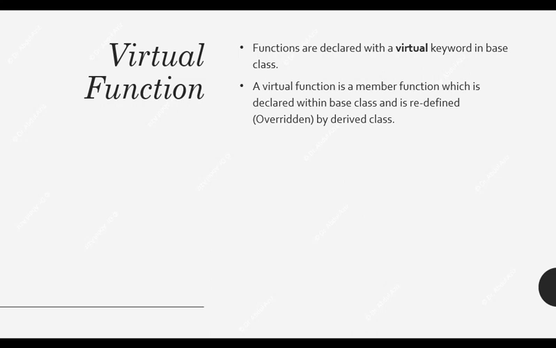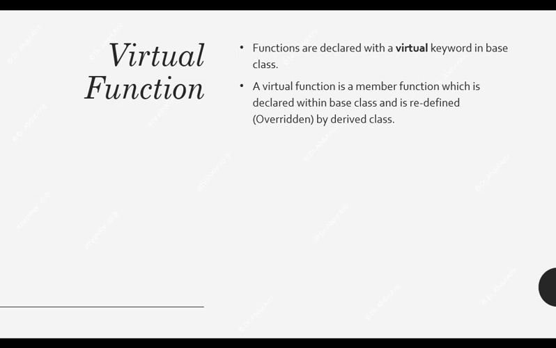For a virtual function, it is mandatory to be overridden by the derived class. These types of functions are mandatory to be overridden by the derived class. Otherwise, your derived class will also become abstract. Just focus on the concept. You add an abstract function or virtual function within a base class.